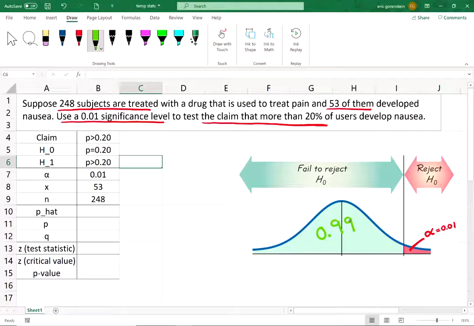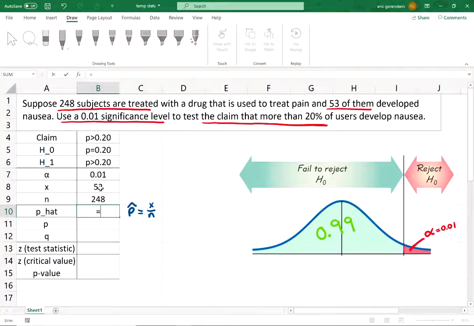Okay, so now our sample data, P hat, that's the P with the little triangle, that's equal to X divided by N. Okay, so P hat, I'm going to just use the locations here. So let's say that's equal to the X. I'm going to just click on the 53. Divided by the N, I'm going to click on the 248. So B8 divided by B9. X divided by N. So that is our sample proportion. Okay, so we see that population proportion we're assuming is equal to 0.2.